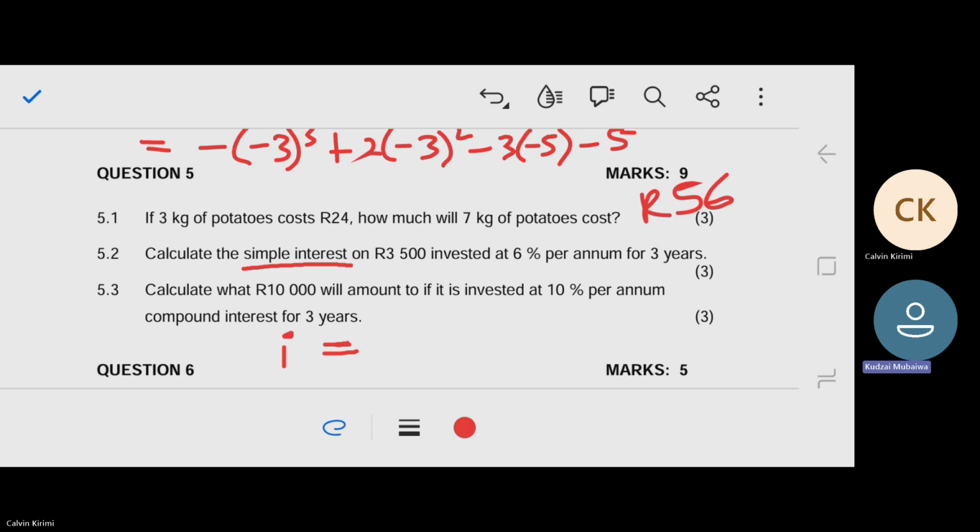I wrote my formula first, which is interest equals principal multiplied by rate multiplied by time.